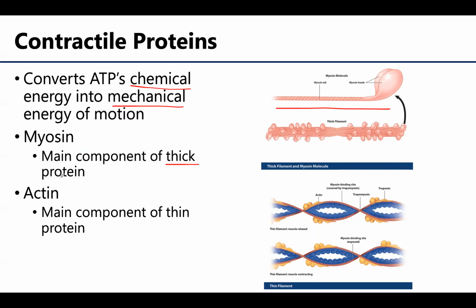Actin is going to be the main component of thin filament, or a bunch of proteins making up the filament. So all these little balls right here basically are supposed to be representing actin.